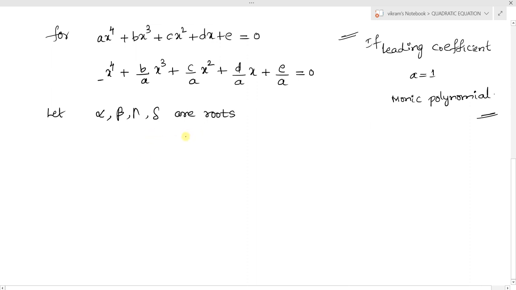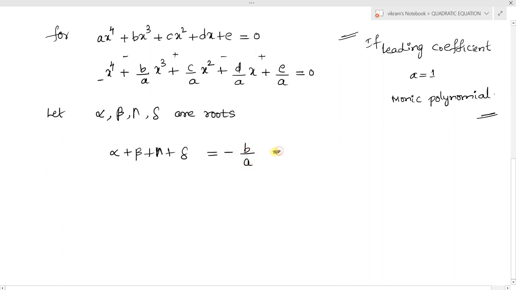Now the roots are alpha, beta, gamma and delta. The first one is the sum of the roots, that means taking one root at a time individually: alpha + beta + gamma + delta. Considering the signs alternately, plus, minus, plus, minus, plus, the sum of the roots is -b/a.